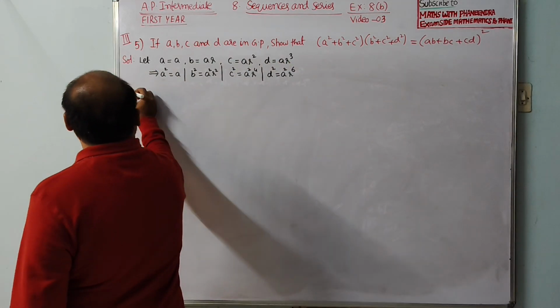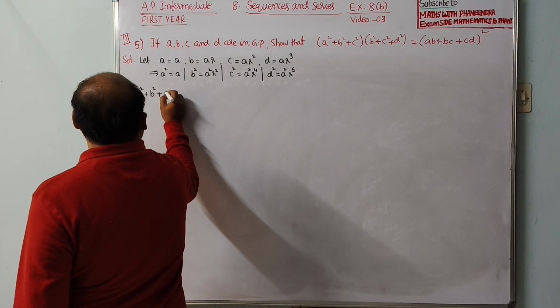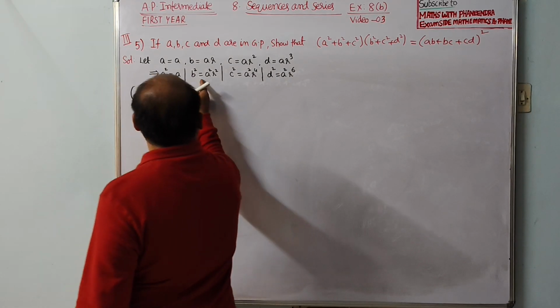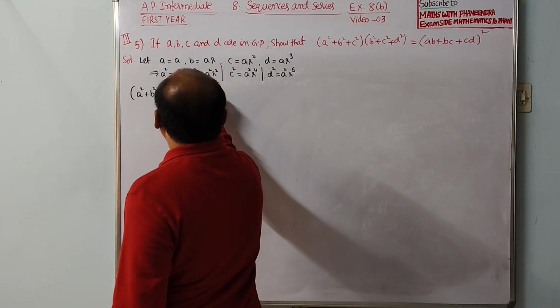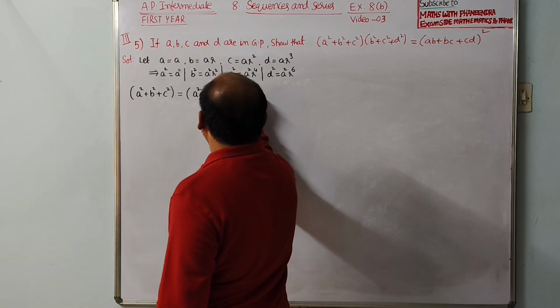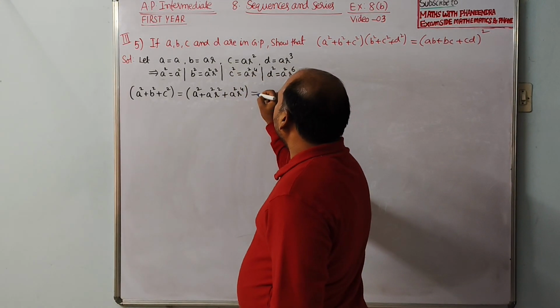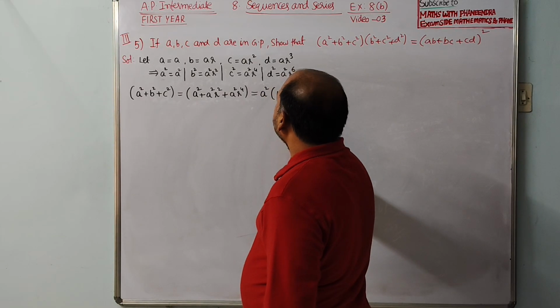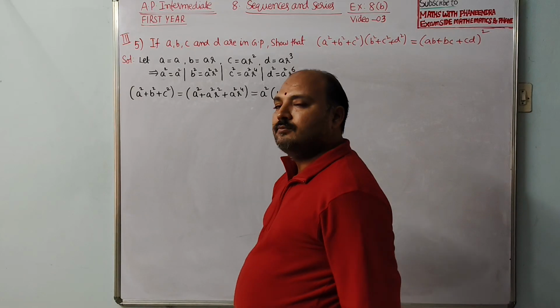Now I am considering A square plus B square plus C square, the sum of these three values. So a square plus a square r square plus a square r power 4. In this we observe clearly, take a square common and write the rest of the terms: 1 plus r square plus r power 4.